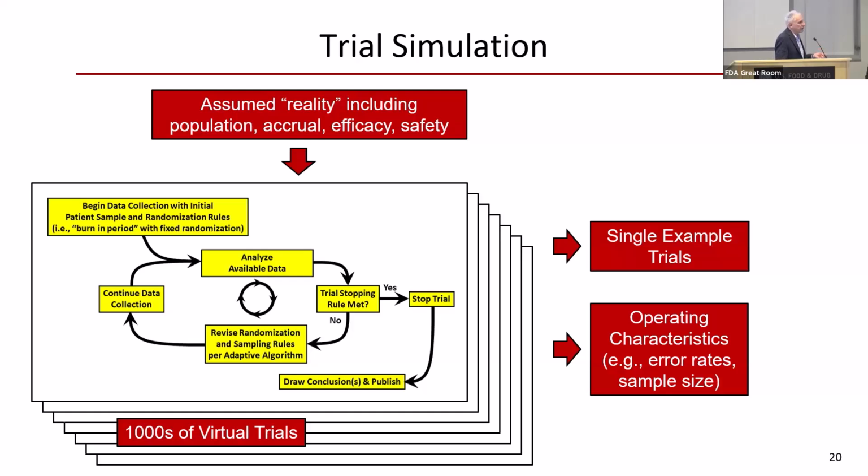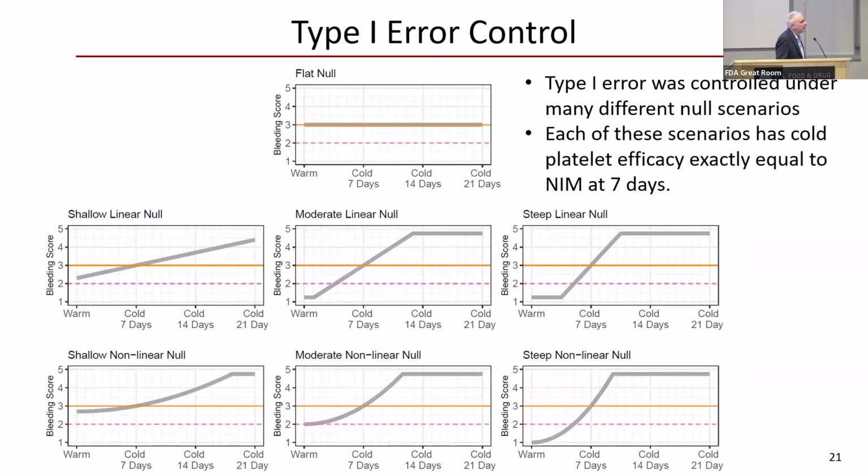It can fail to identify a storage duration that exists. It can identify a maximum storage duration that is incorrect, meaning the platelets would actually be inferior. And it can have varying degrees of accuracy in identifying the maximum storage duration that maintains non-inferiority.